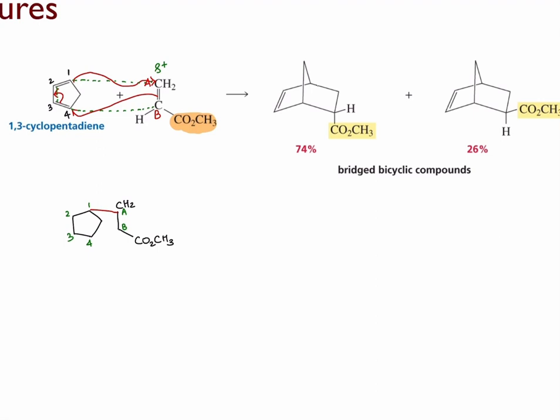And then we are also going to connect carbon 4 with carbon B of the dienophile. So let's also make that connection. And then we have to put a double bond between carbon 2 and 3. So here is the product obtained, and you can see that these are the bonds that are created. There are two new sigma bonds, and there is one pi bond that is created.